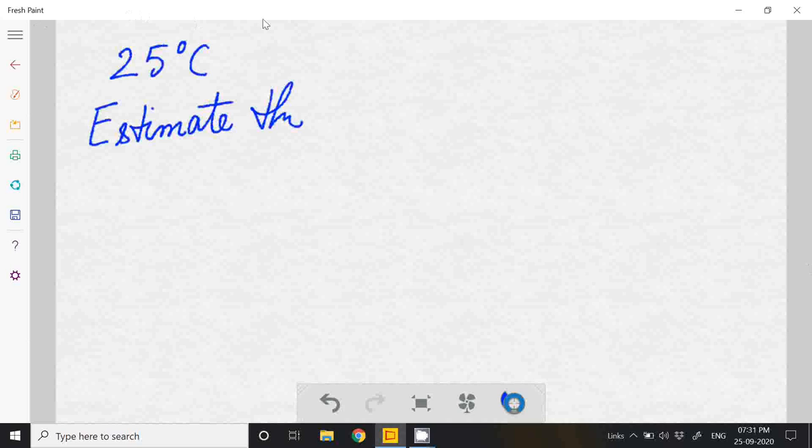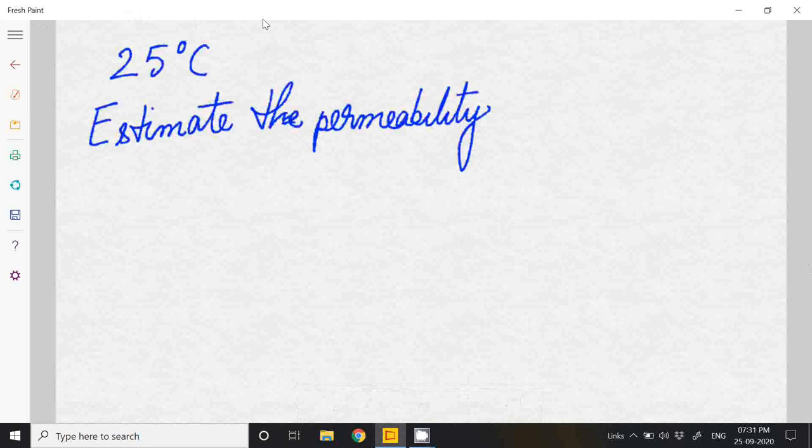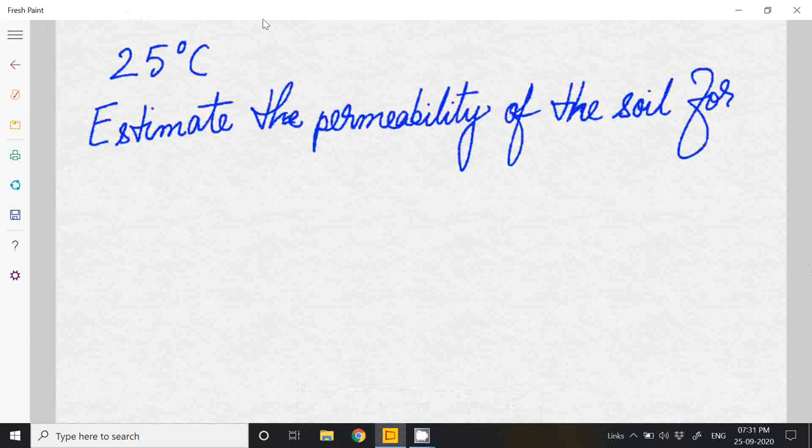Let us consider that the test was carried out at a temperature of 25 °C, and we have to estimate the permeability of the soil for a porosity of 39% and a temperature of 20 °C. Let us write it down.